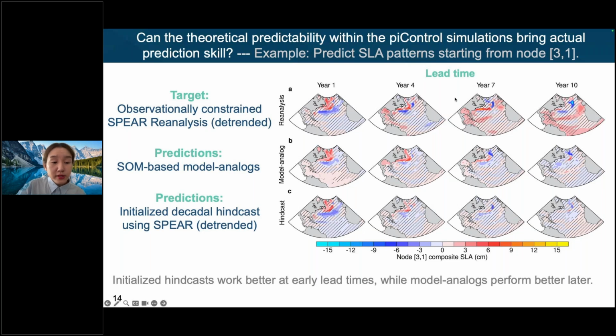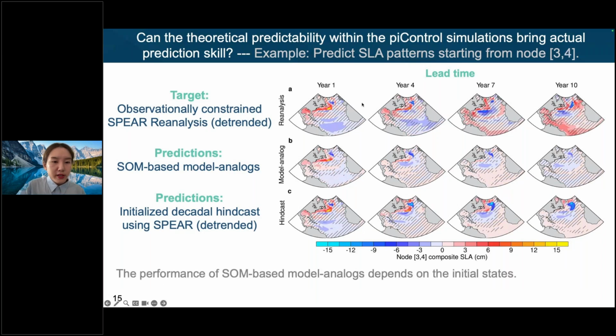But the prediction skill of the model analog depends on the initial condition. For example, starting from the node 3.4, this time the performance of the model analogs actually falls behind the predictions of the initialized decadal hindcast if you compare these patterns.